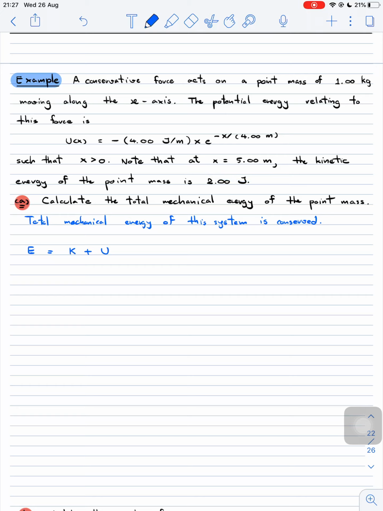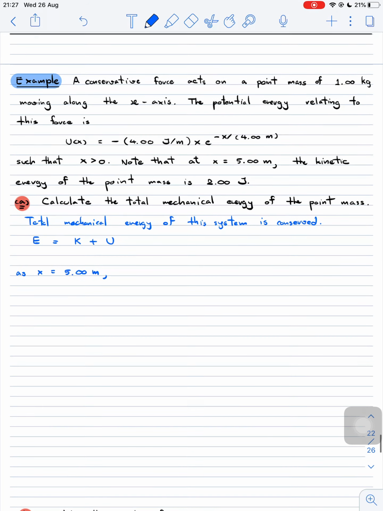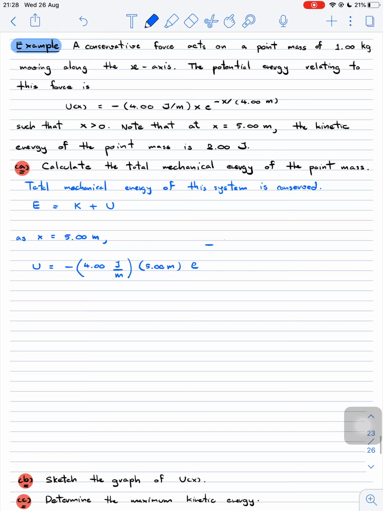So when x equals 5.00 meters, we have U equal to minus 4.00 joules per meter, times x, which is 5.00 meters here, and then times e to the negative of x, which is 5.00 meters, over 4.00 meters.